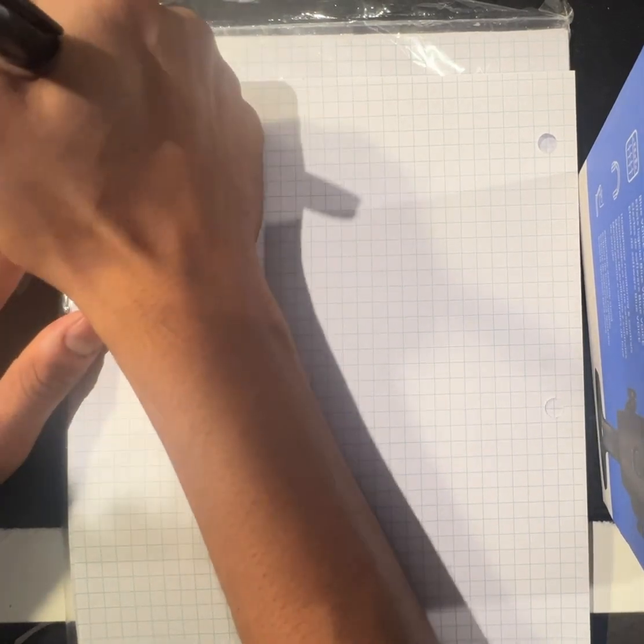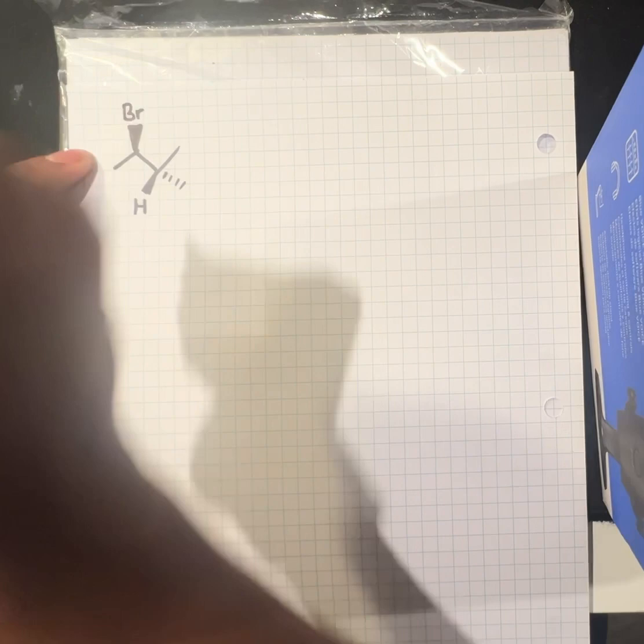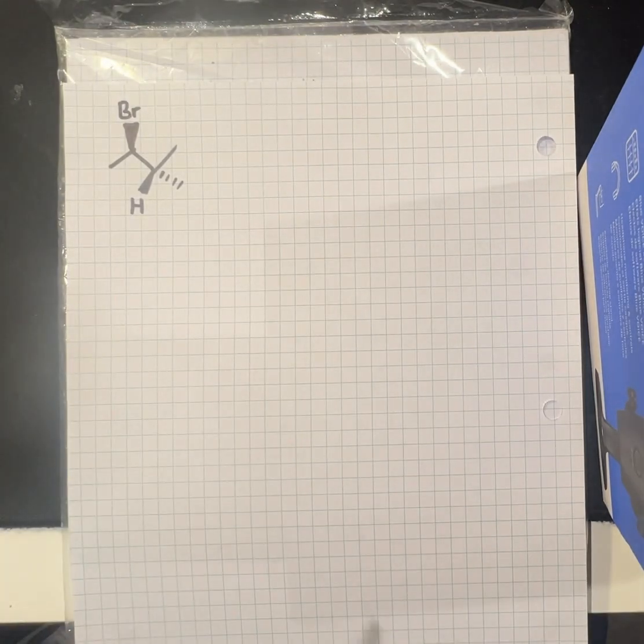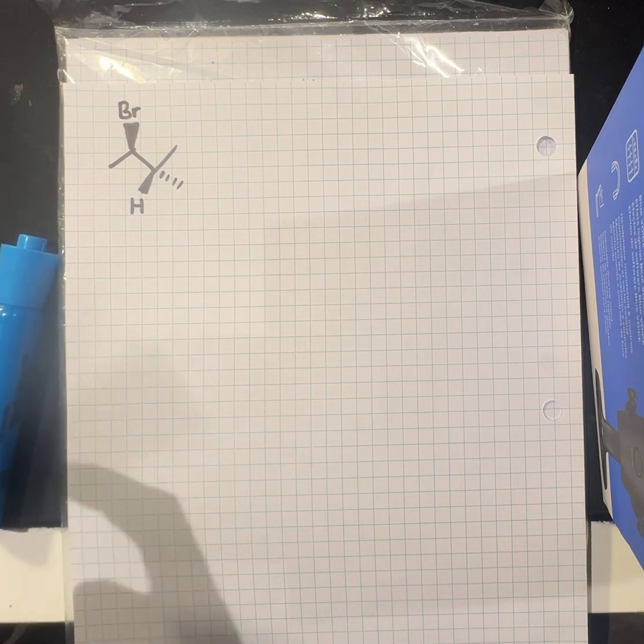Hydrogen here, and a bromine here. You draw a Newman projection as if you're looking down the carbon-carbon bond.